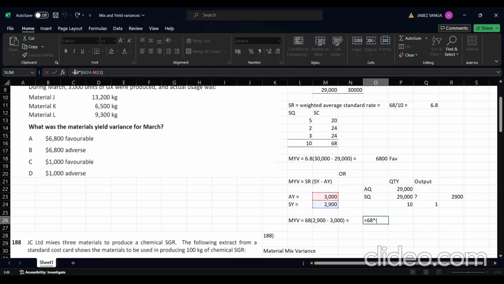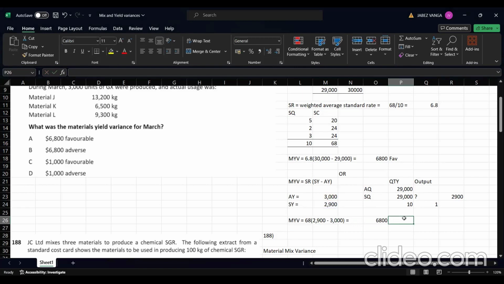It shows a negative sign, so I'm just adjusting it here. But is 6,800 favorable or adverse? Here it is yield, and yield is output. When the actual output is greater than the standard output, it is a beneficial situation, a favorable situation. So automatically this becomes favorable. So this is 6,800 favorable.